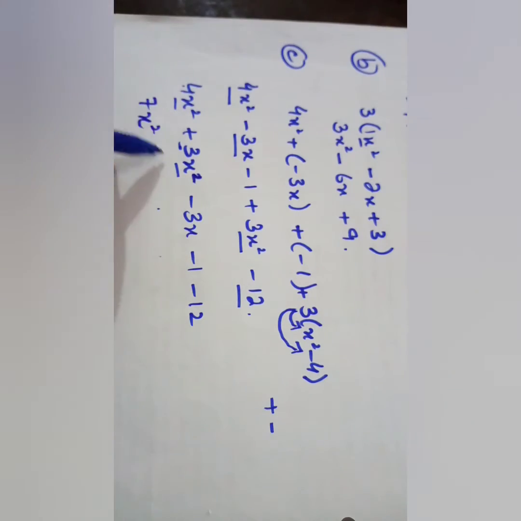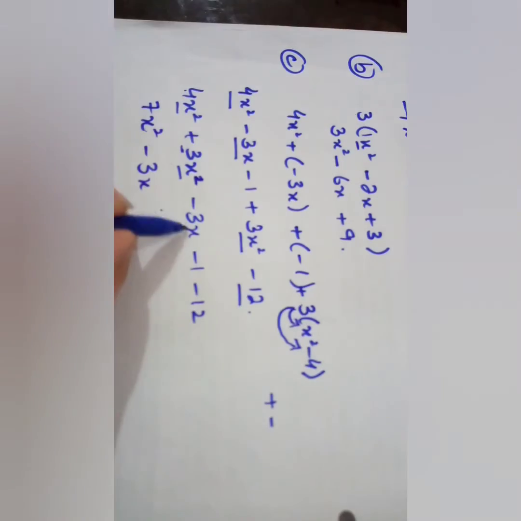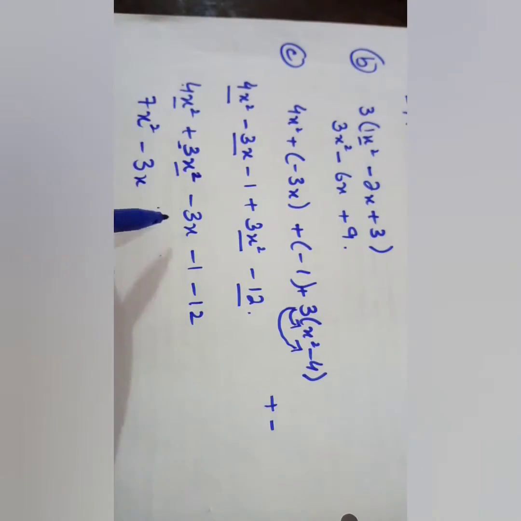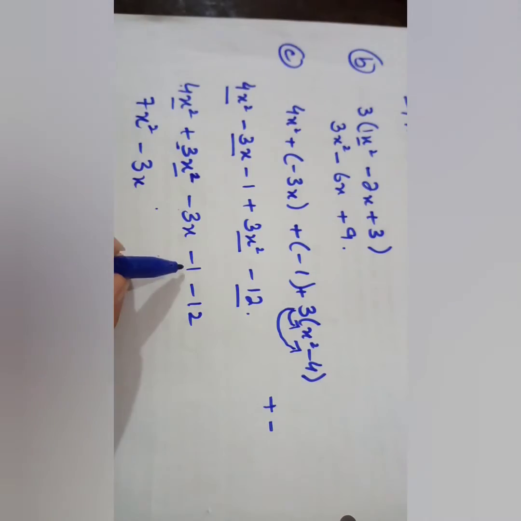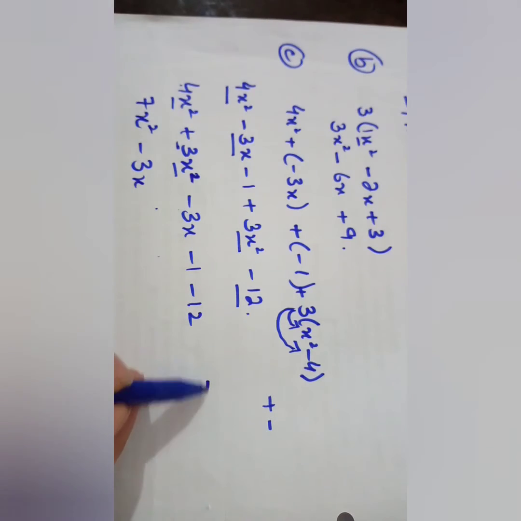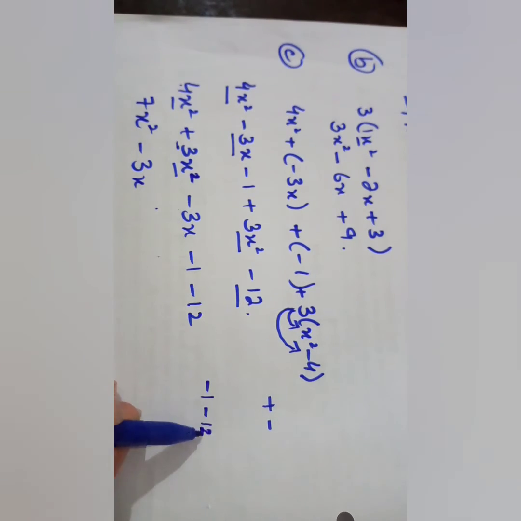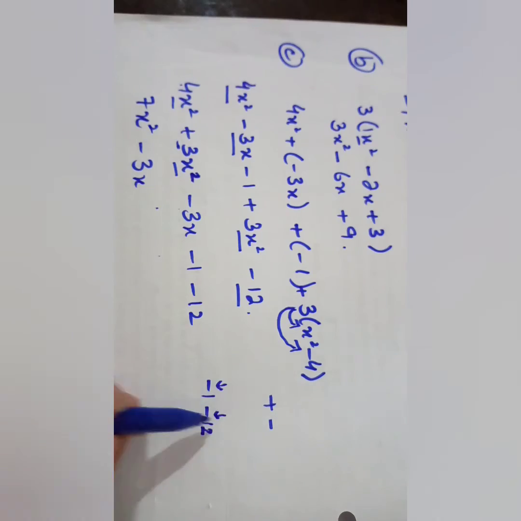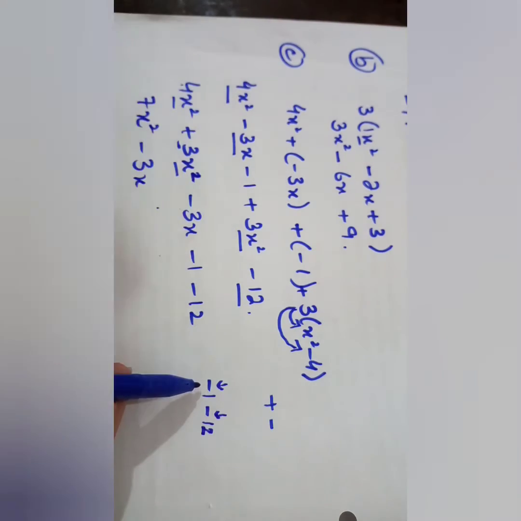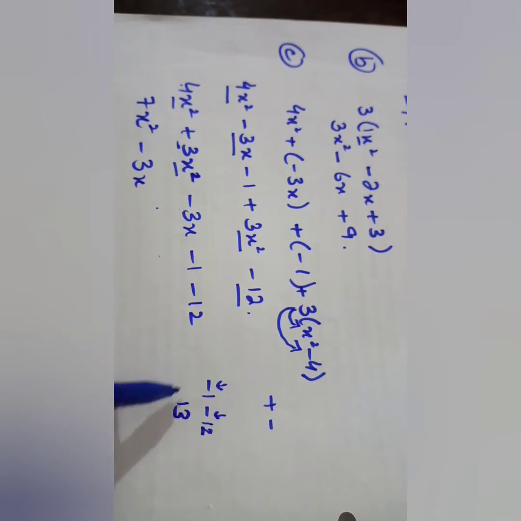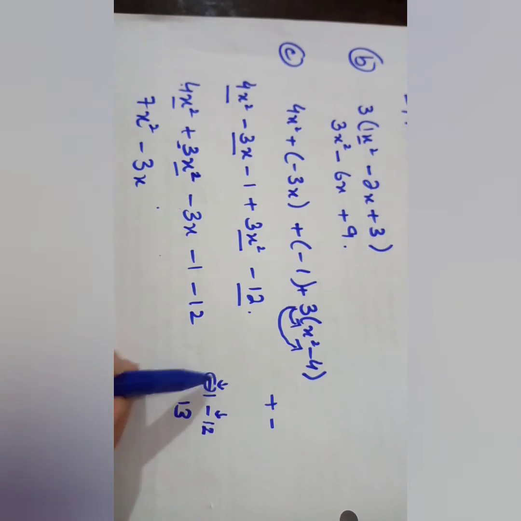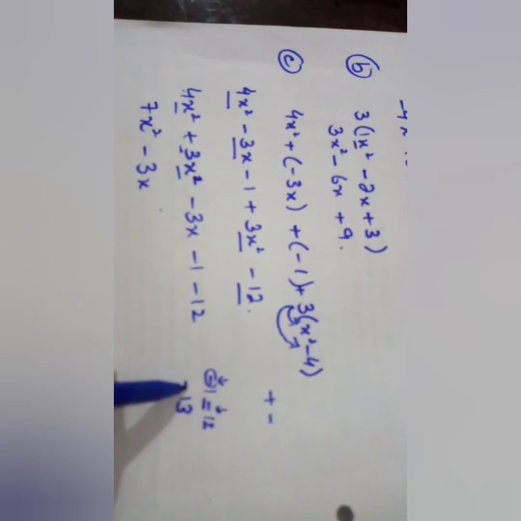Write down the variable, that is x square, then minus 3x because there is only one x term, and for the constants we again have minus 1 minus 12. When both the terms have the same sign, the terms will be added. But what sign will be written with this term? The sign that both the terms have. Both the terms have a minus sign, so we place minus here. That is minus 13.